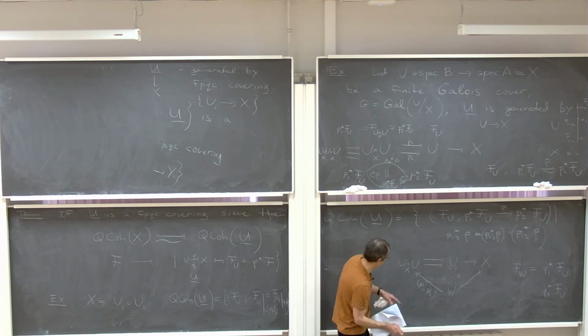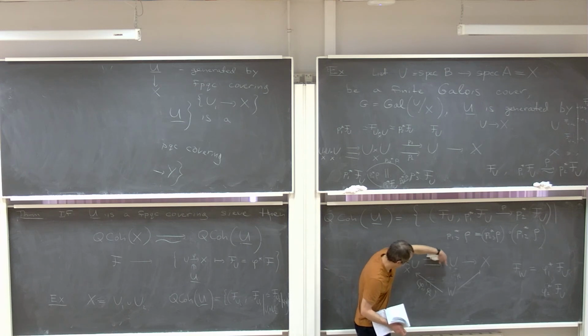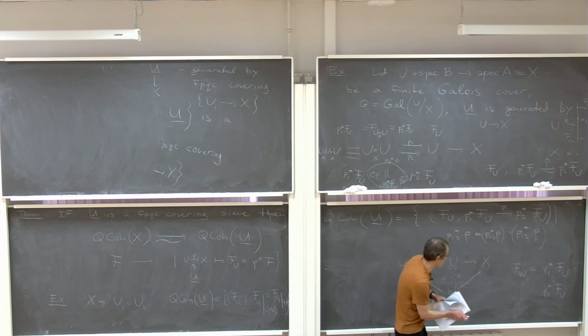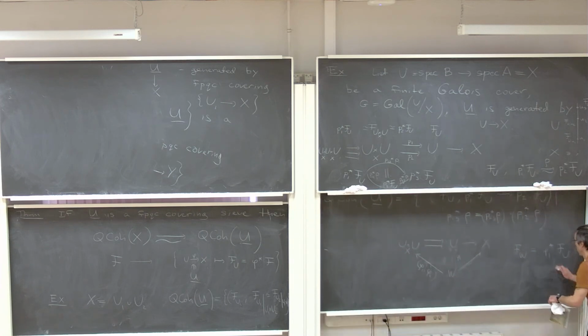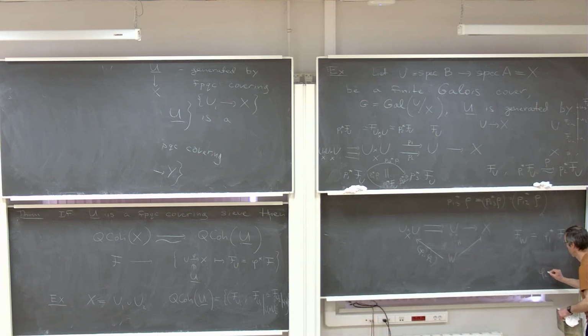So these two arrows, their composition with the two projections, I can define this map to be (phi1, phi2) upper star of rho. Okay.